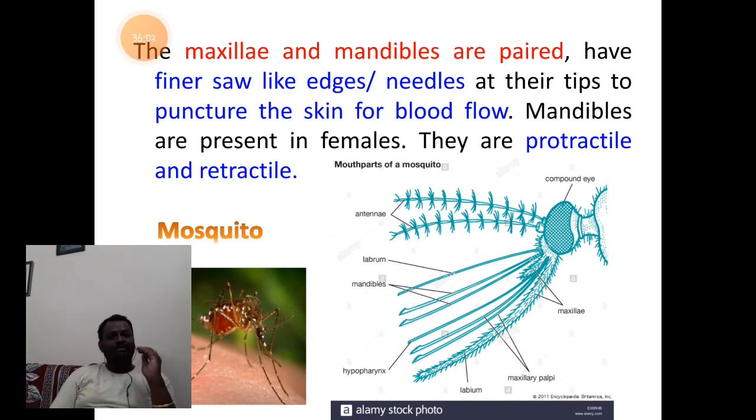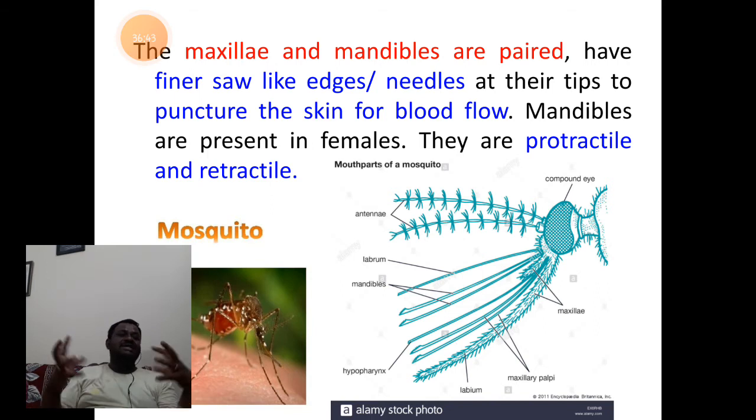The next parts are maxillae and mandibles. Both are present, but they are paired structures. The speciality of maxillae and mandibles is that they have fine saw-like or needle-like structures at the tip of them. So long elongated stripe structures, at the tip there are needle-like sharp edges. These sharp edges are very well developed in case of females. And these structures are said to be protractile and retractile.